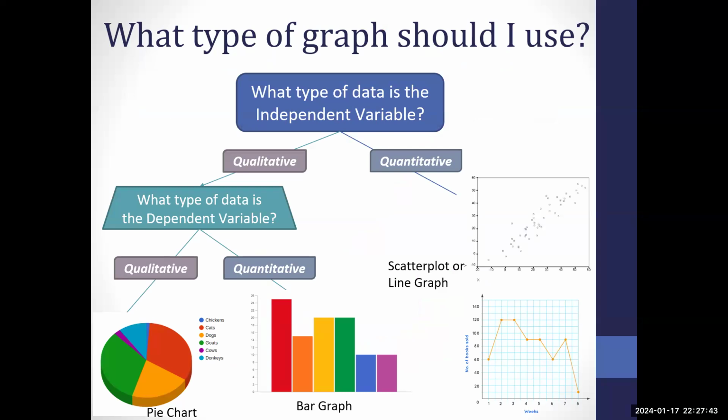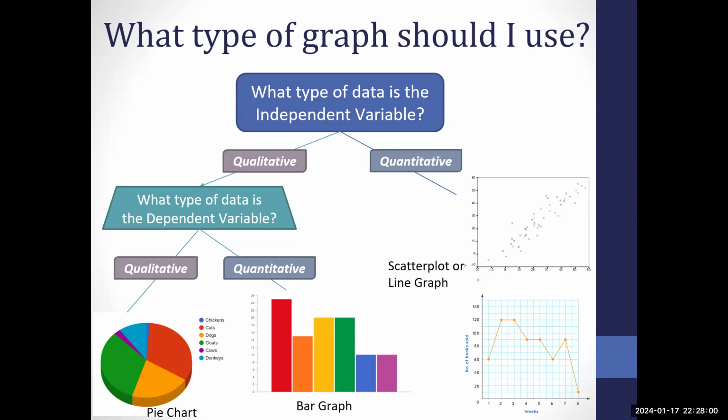Are we going to make a bar graph, or are we going to make a line graph? Are we going to make a pie chart, or are we going to make a scatter plot? These are our four basic types of graphs that we make. There's others we'll look at, but these are your basic types of graphs.